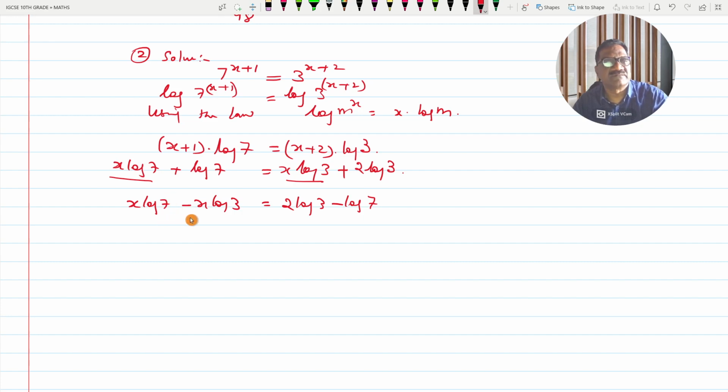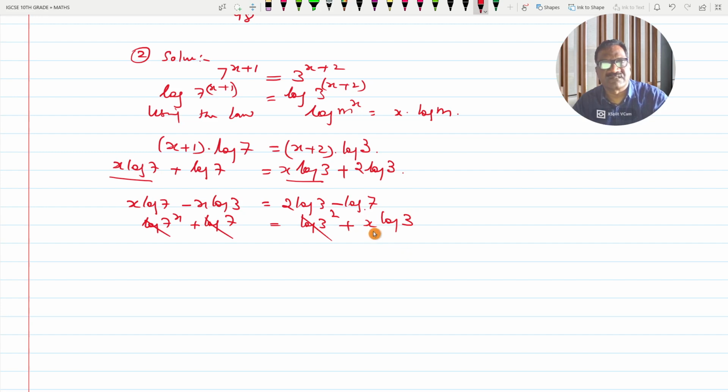So I write log of 7 to the power of x minus log of... plus log of 7. This I have brought here. So this can be written as log of 3 square, and this I'll bring here, so it becomes plus x log of 3. Okay. Now what happens? Now the logs can be cut off.